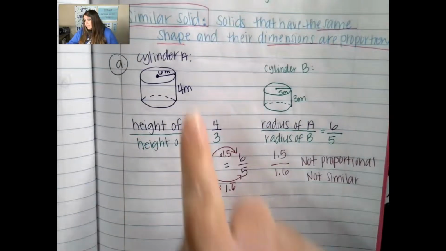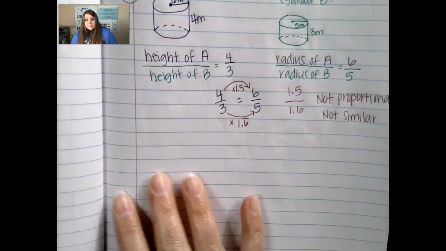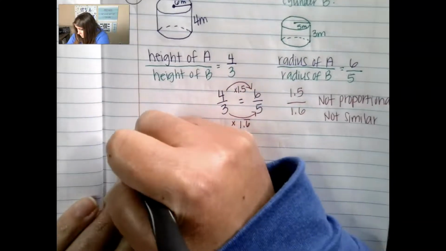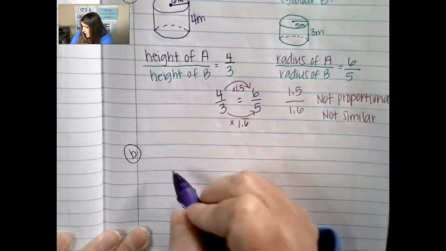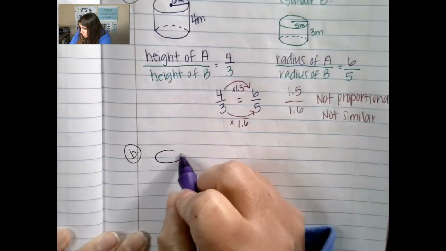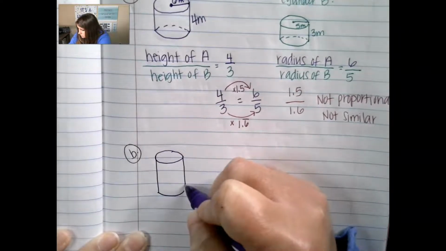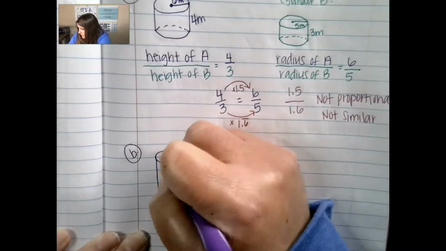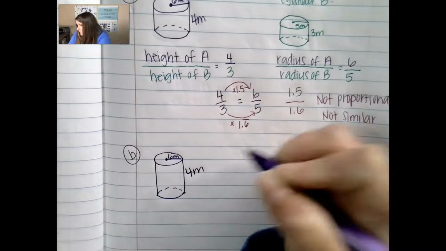But let's look at cylinder A again, and now we're going to compare it to a second cylinder, cylinder C. So example B, we're going to use the same cylinder A. It has a radius of 6 meters and a height of 4 meters.